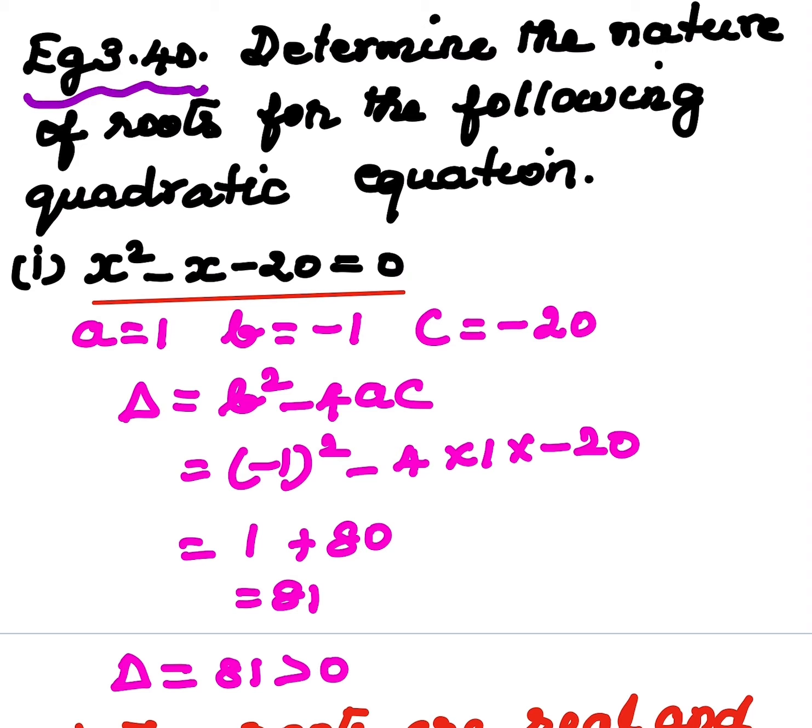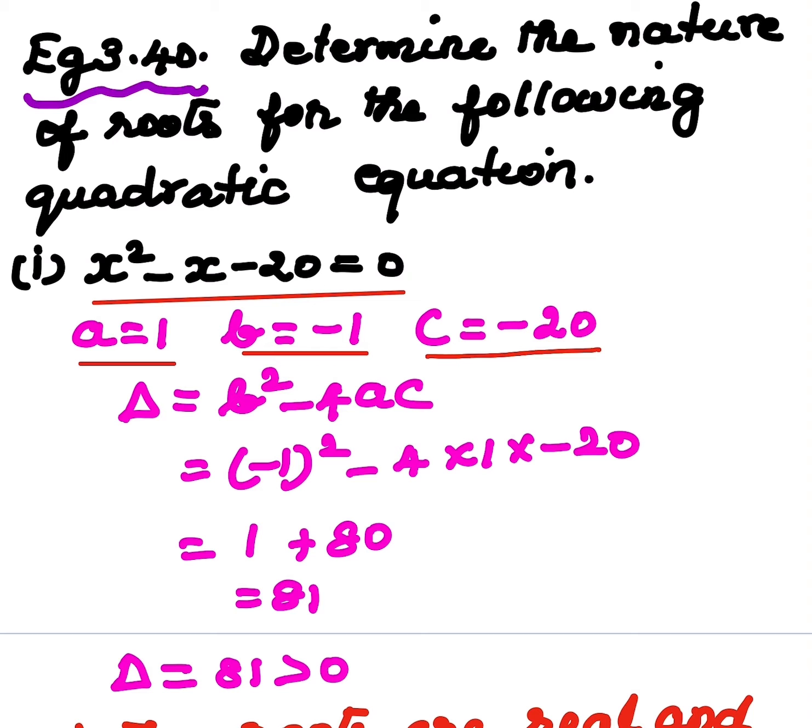Comparing with ax squared plus bx plus c equal to 0, we have a is equal to 1, b is equal to minus 1 and c is equal to minus 20.